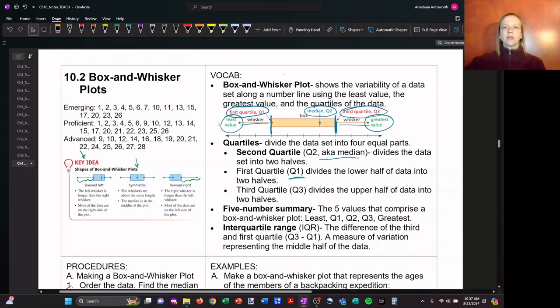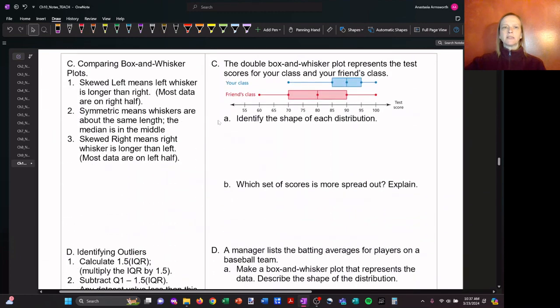So let's look at a couple of pre-made box and whisker plots and look at how to interpret the data. Here we're looking at test scores in my class versus my friend's class. I've got two box and whisker plots representing what's happening here, and it wants me to identify the shape of each distribution. So for my class, the shape: my class seems to have a long left whisker and a short right whisker.